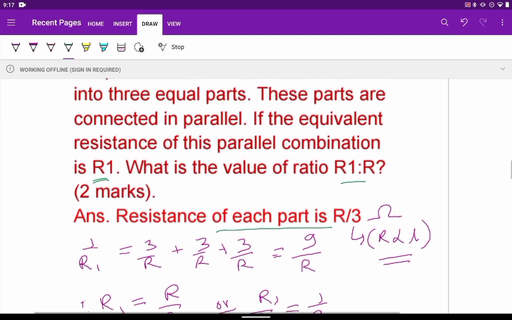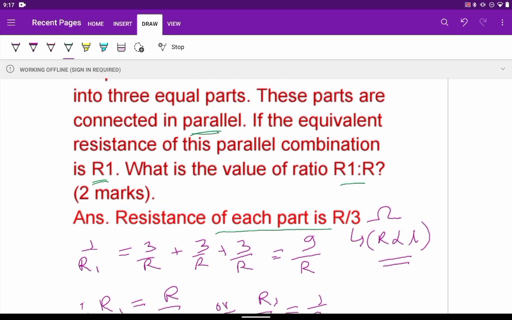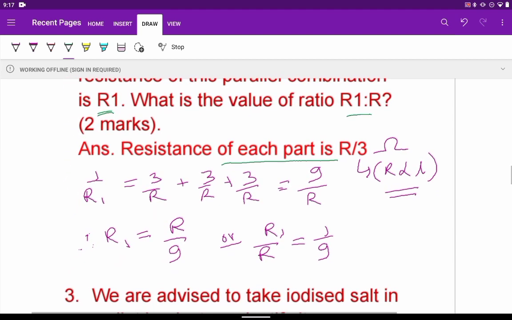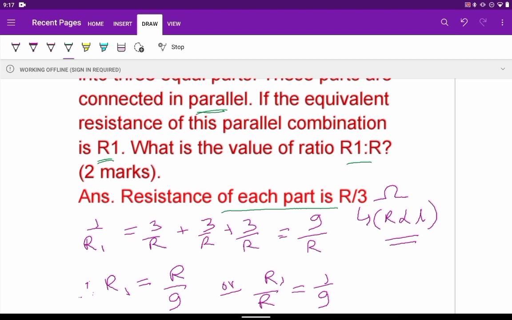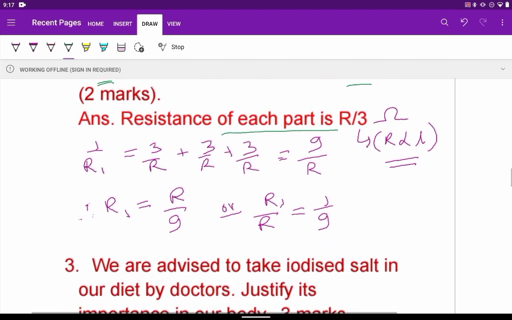Since it is a parallel connection, and they have told that the equivalent resistance of the parallel combination is R1, 1 by R1 is equal to 3 by R plus 3 by R plus 3 by R, because for each it is R by 3. Since it is parallel, we have to take the reciprocal and add, you know the formula. So it becomes 9 by R. So 1 by R1 is equal to 9 by R.